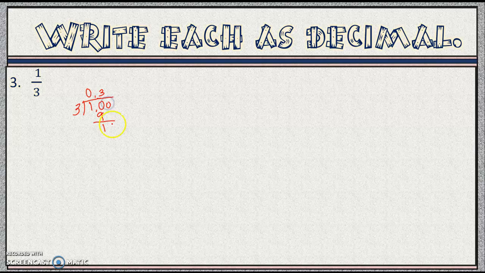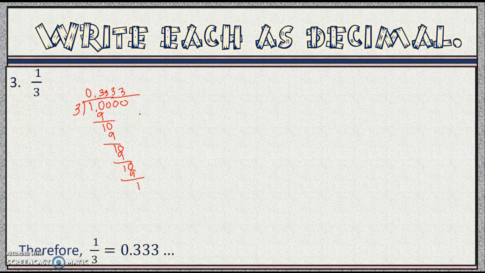Add 0, bring down. 10 divided by 3, 3. Then multiply 9. Subtract again. So 1. Another 0. So 10 again divided by 3. As you can see, we are just repeating the process. It seems like it doesn't end. And so on. So it is a repeating decimal.